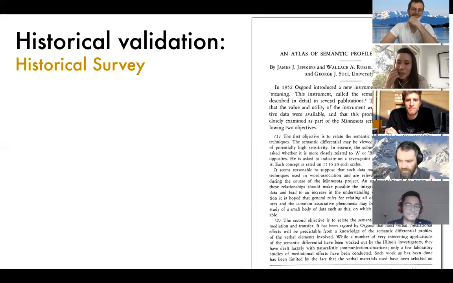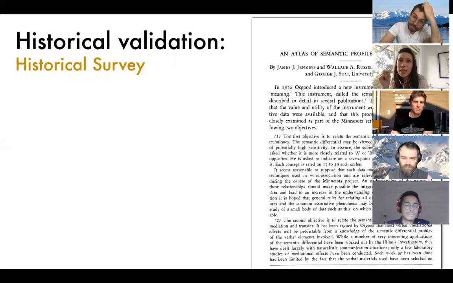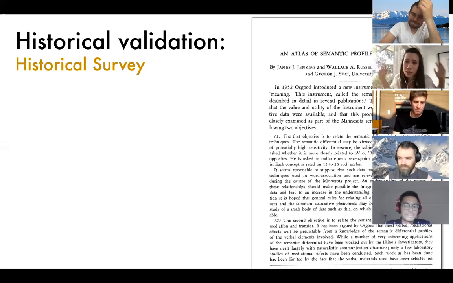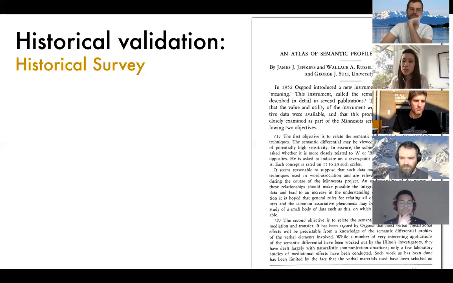Okay, so the second bit of validation that they did was, since they're saying we're looking at the entire 20th century, we better do some historical validation based on a historical survey. So they pulled out a 1958 study called An Atlas of Semantic Profiles for 360 Words.